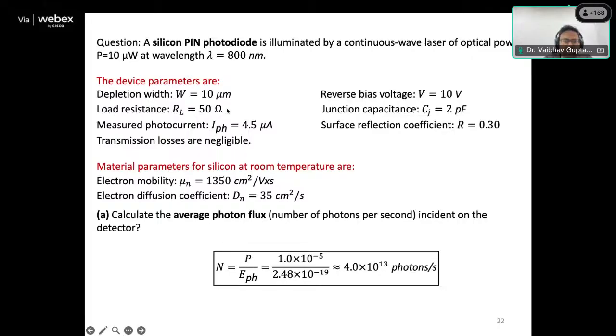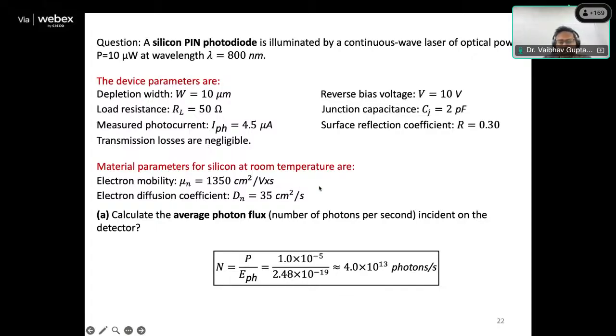So power is given, 10 microwatt, and energy E equals hc by lambda. hc we know, and lambda is given here, so we can calculate the total number of photons incident on your detector. So the photon flux can be calculated if all those parameters are given to us.